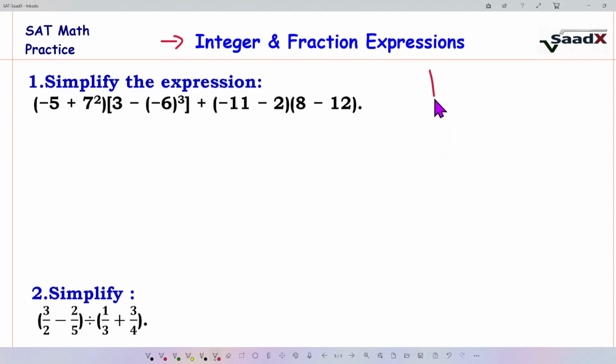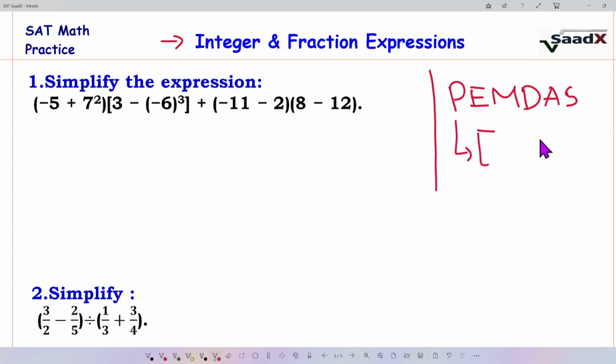Before starting this math, we have to know about PEMDAS. We already know about this one. First is parenthesis. It means bracket, right?